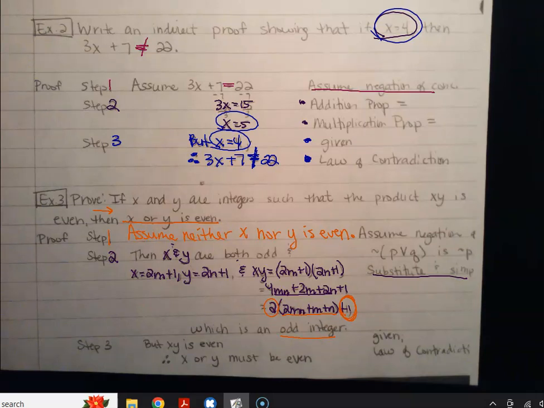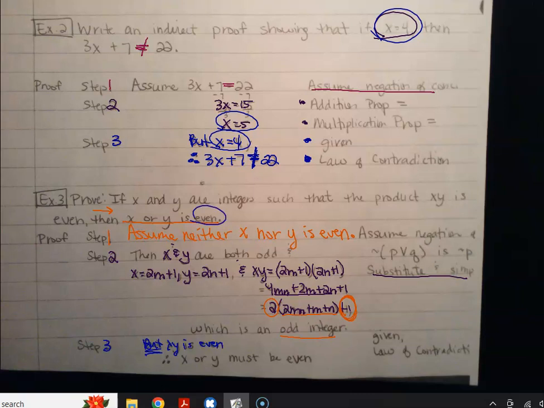So now we're at step 3. Step 3 says, since this assumption is false, we're going to wrap this up in our conclusion: conclude this assumption is false, thereby proving that the first statement is true. So here's that step 3. But xy is even. x times y is even.